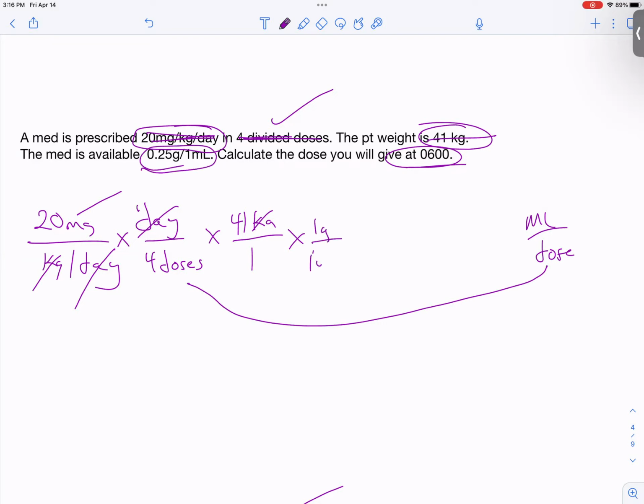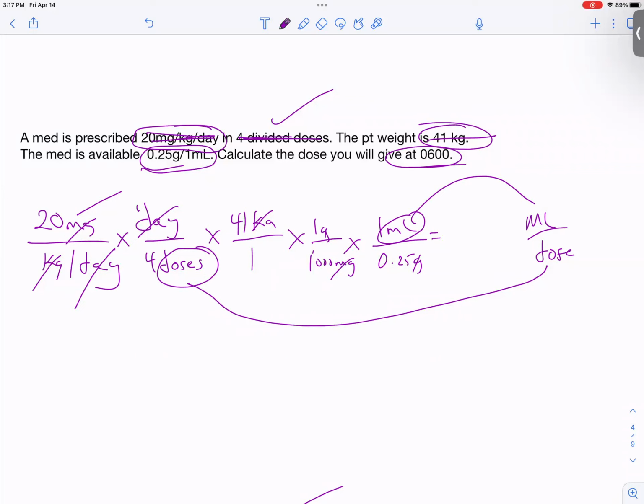So 1 gram is 1,000 milligrams. That gets rid of my milligrams, and there's 0.25 grams per 1 ml. Gets rid of my grams. I have milliliters. Now I look over my problem. All right, everything is crossed off that I don't need, and I have exactly what I need. Beautiful. Now it's just math.